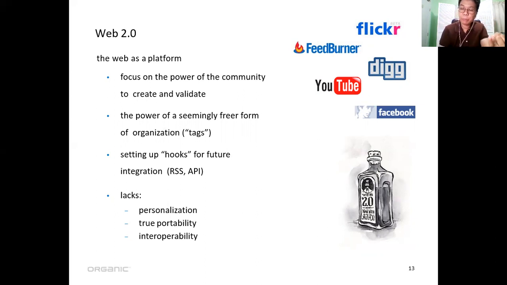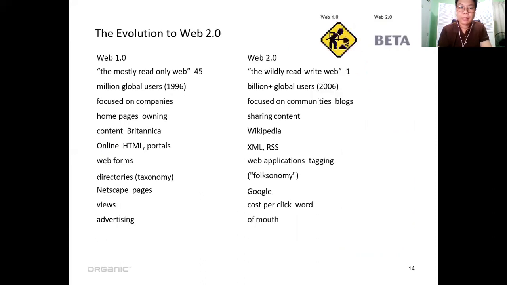So Web 1.0 is probably the 80s and then the 90s, and year 2000 and beyond is what we call Web 3.0. Now we'll compare Web 1.0 to Web 2.0. Mostly it's read-only on the web, with 45 million global users in 1996. These focus on companies going on the web.